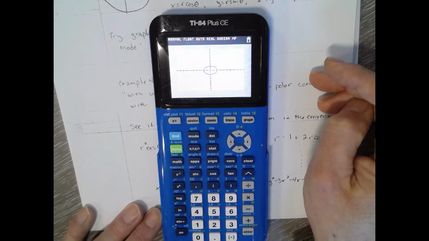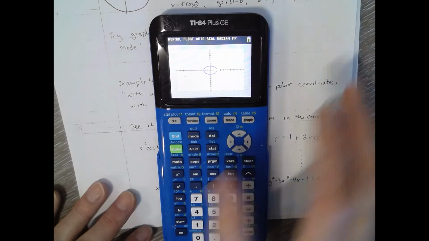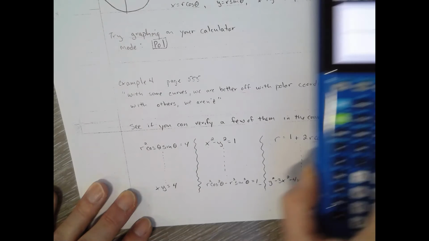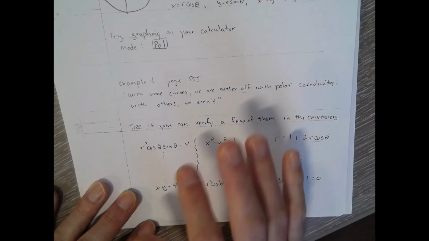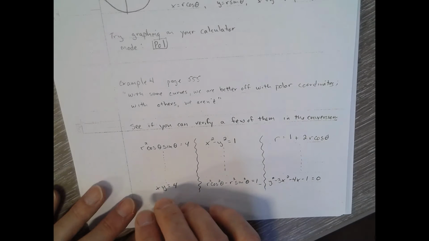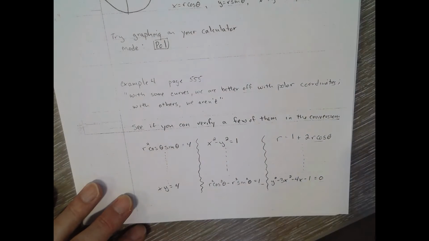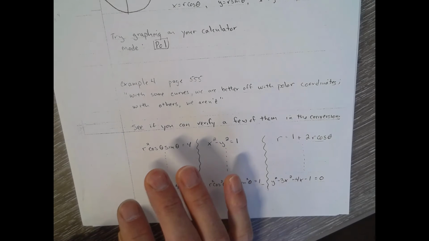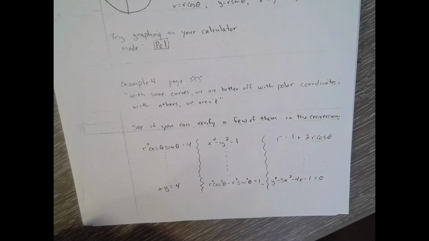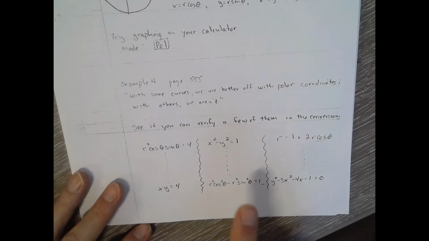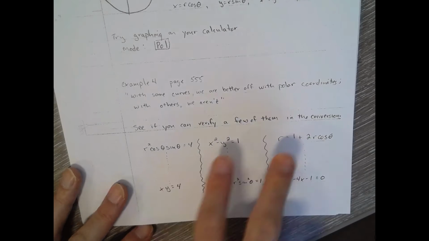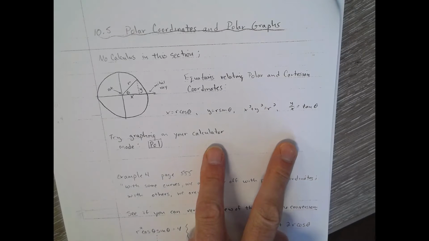So it would be easier to represent with polar equations. So it's an option to represent functions in either polar or Cartesian. If it was a line, lines are much better suited for Cartesian equations rather than polar coordinates.